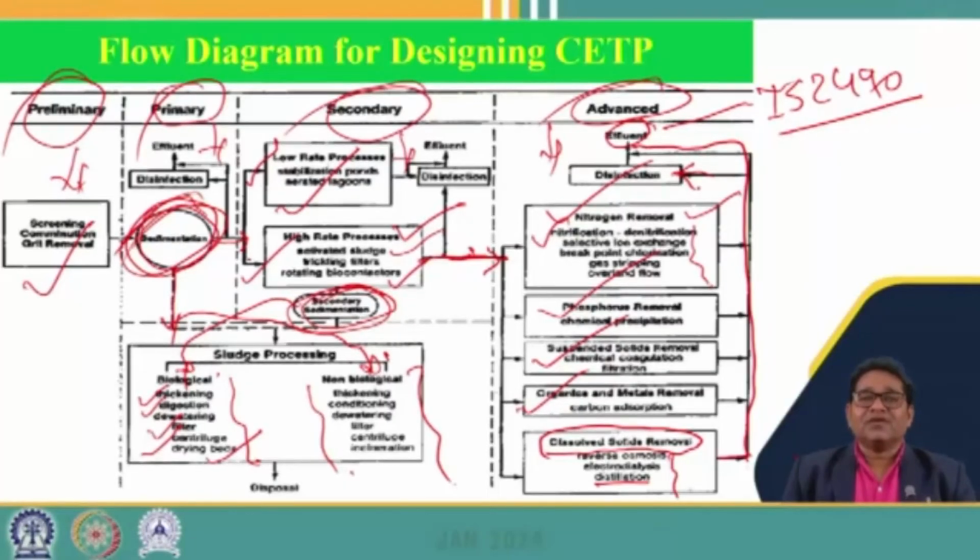These are the various options which we have to explore under the preliminary, primary, secondary and advanced treatment categories, and a final flow diagram has to be prepared in order to meet the environmental discharge standard as per IS 2490.